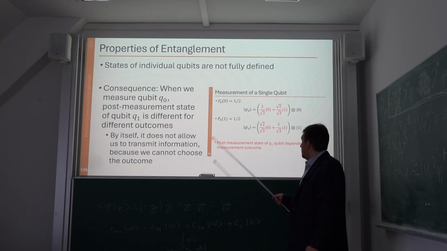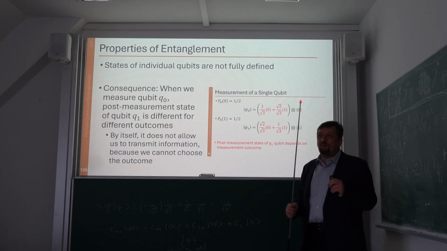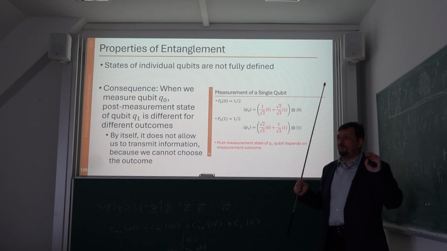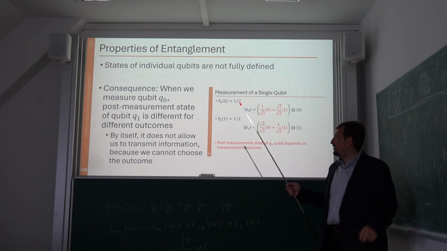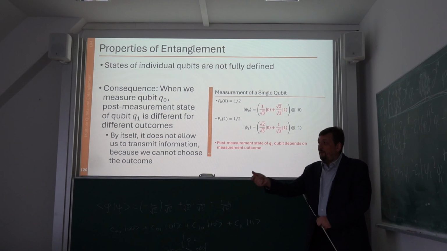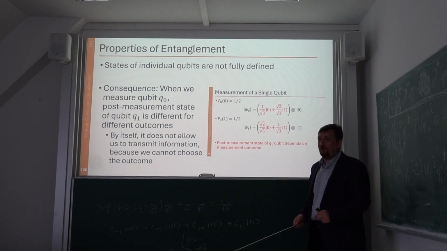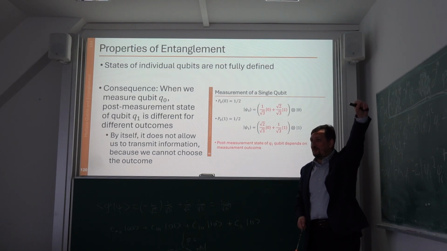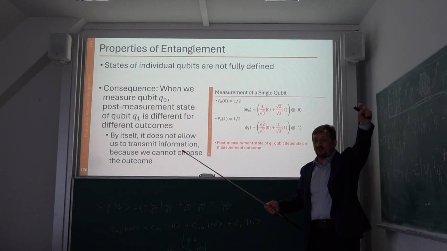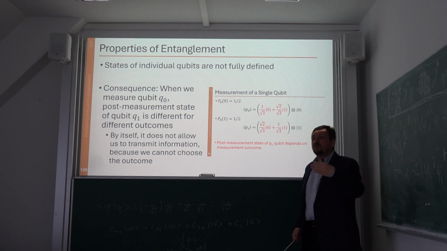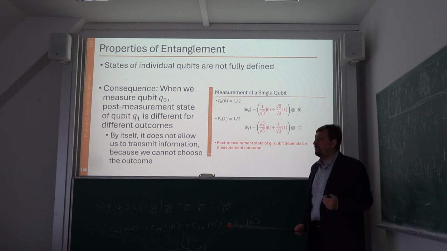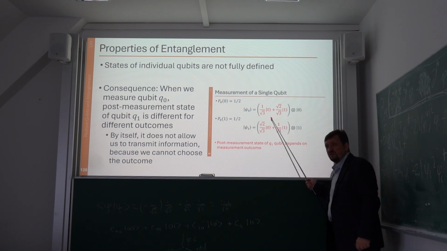It may seem that we could use this for instant information communication, because we measure the state of a photon here and the state of a photon on the other side of the galaxy instantly changes. But we cannot use this effect by itself to transfer information. Why? Because we cannot choose between these two outcomes.